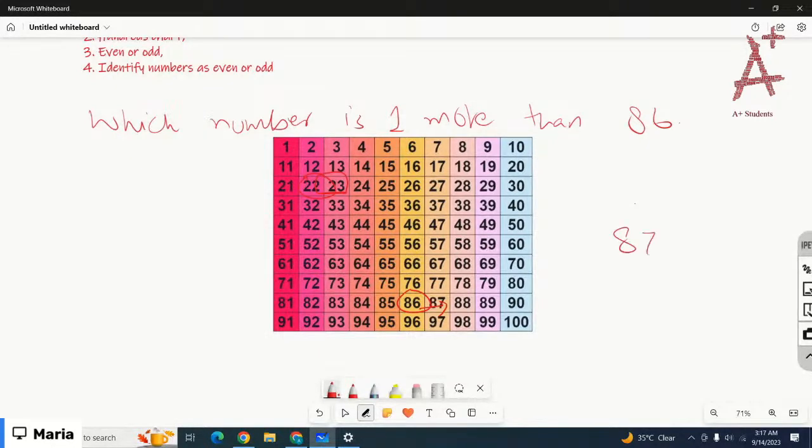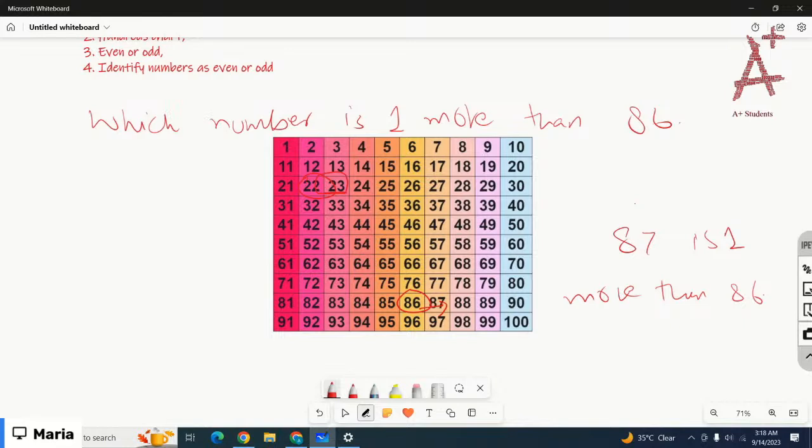So the correct option is 87 is one more than 86, right? Yes, it is 87.